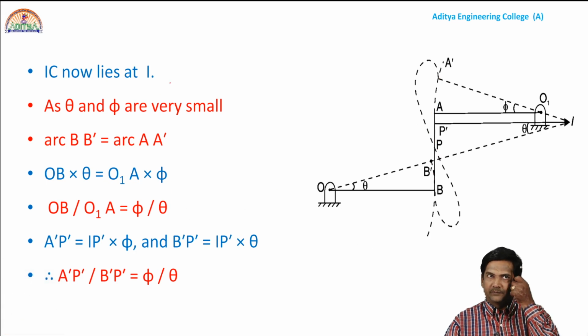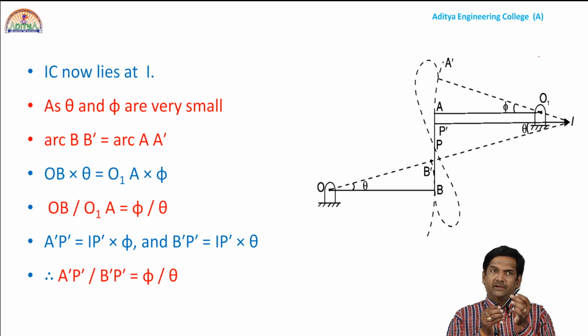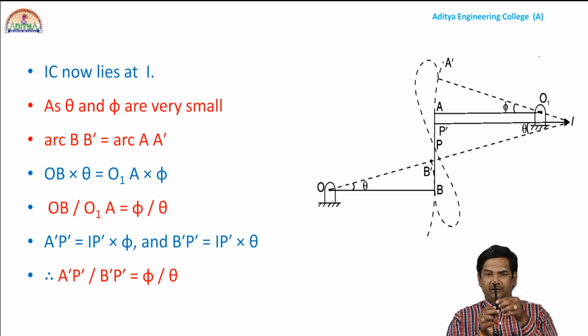Now the arc BB dash, as we know, for a small deviation d theta, the small arc distance subtended is equal to r into d theta. So it will be equal to OB multiplied by d theta.